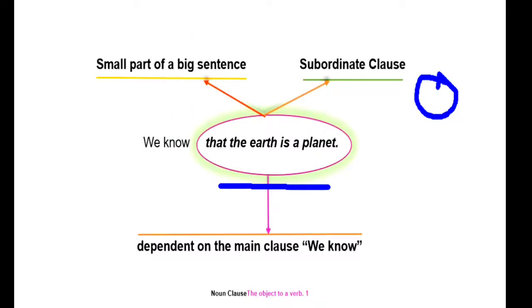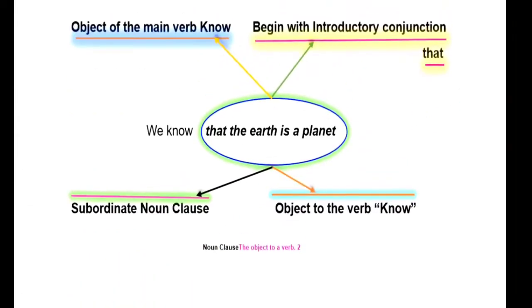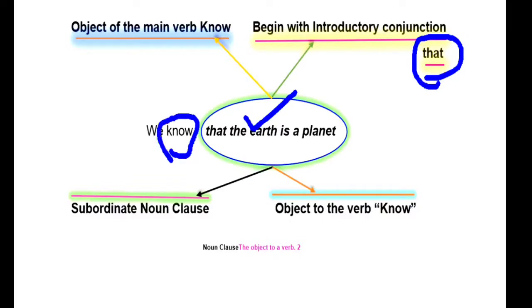This begins with the introductory conjunction that. Okay, so this is a subordinate clause and object to the verb know. So from here you can easily understand it.